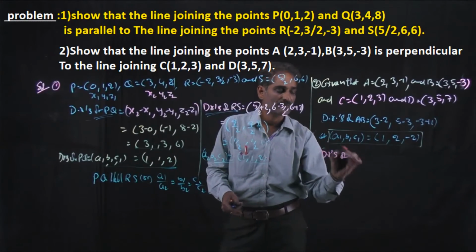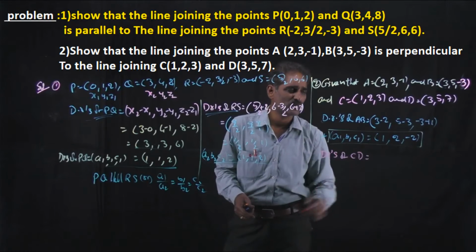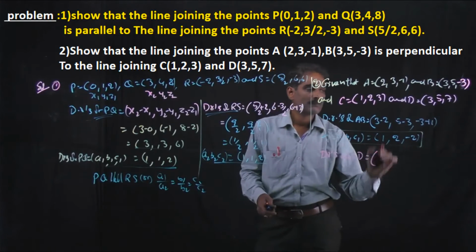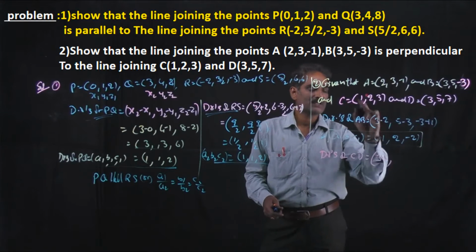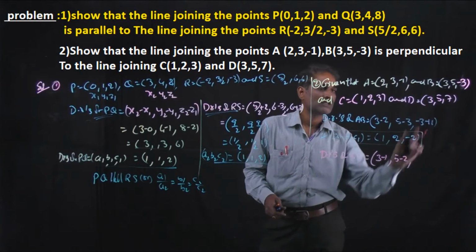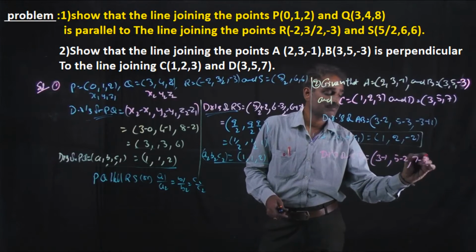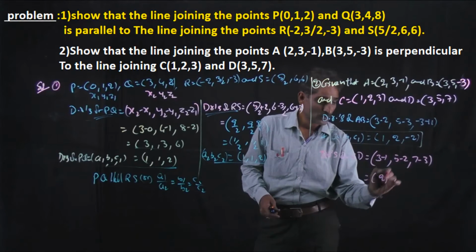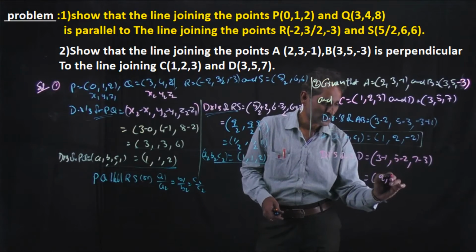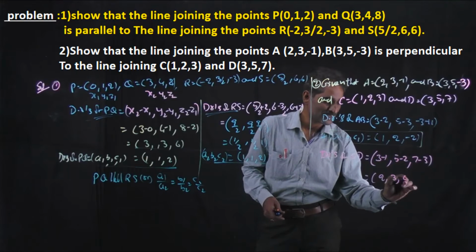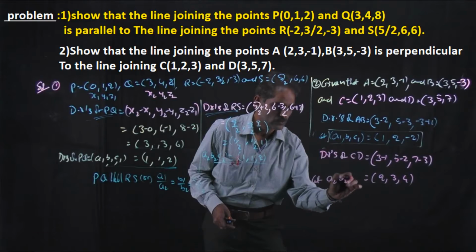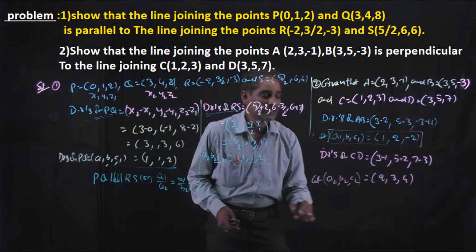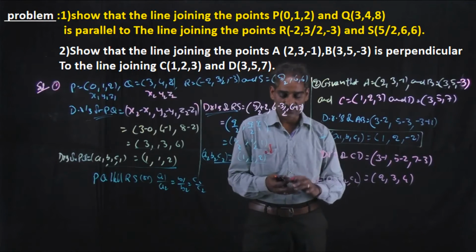DRs of CD is equal to 3 minus 1, 5 minus 2, 7 minus 3, that is equal to 2, 3, 4. Let us take this set as A2, B2, C2. Now here we have two sets of DRs.